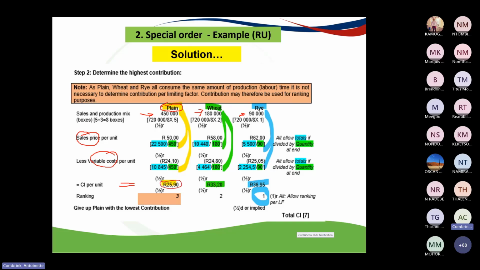In other questions, you'd sometimes want the highest contribution, but if you have to give something up, then obviously you don't want to give up your most profitable product, which in this case would be rye. So we are happy with that. We are going to give up plain. Thank you for that. I appreciate it.